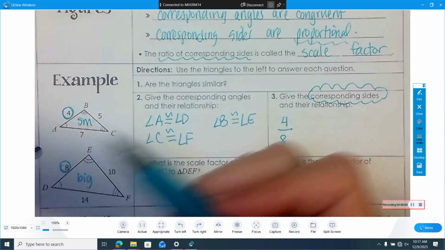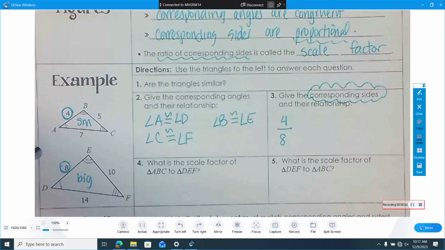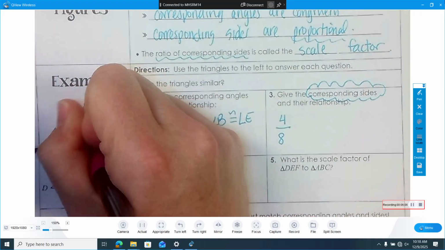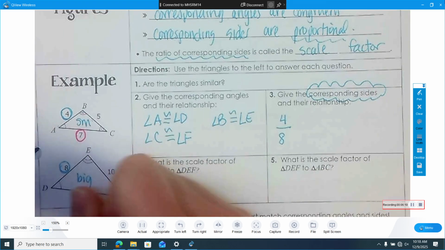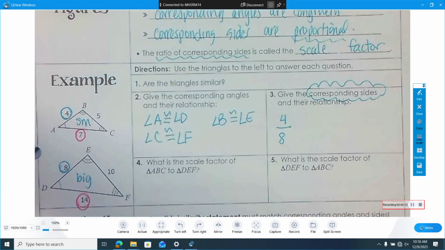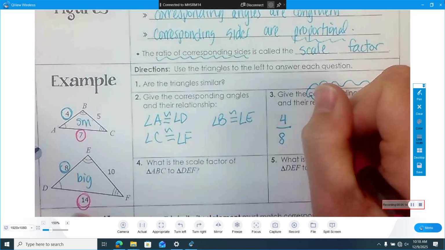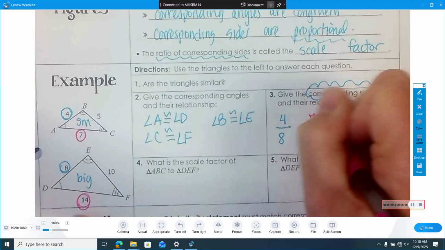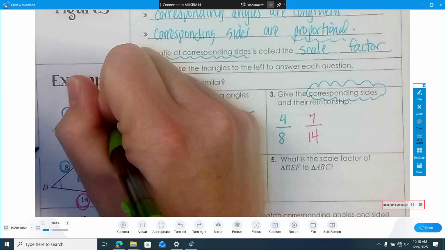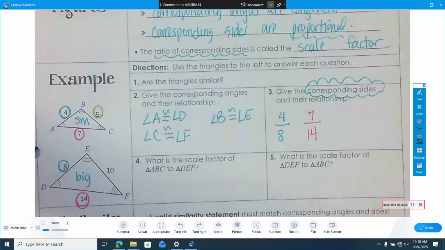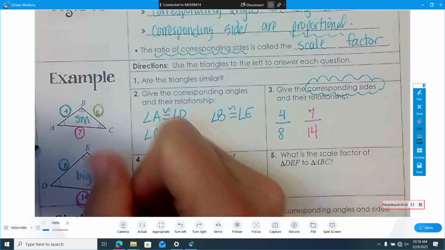All right? Let's see. What side corresponds with the 7? 14, sure. And so once again, because they're corresponding, I can set up a little ratio. Small on top, big on bottom. So 7/14. And then, what side corresponds with the 5 side? The 10 side, sure.